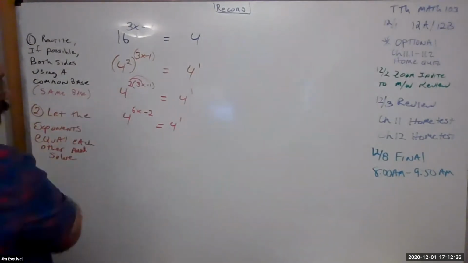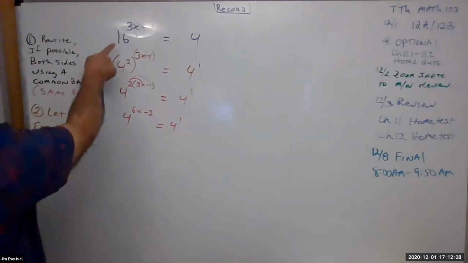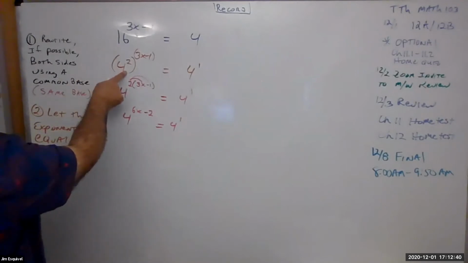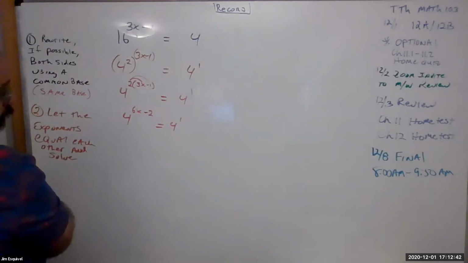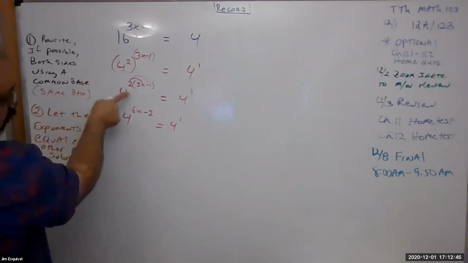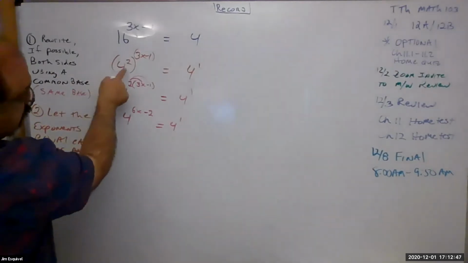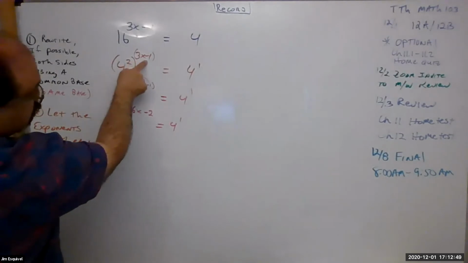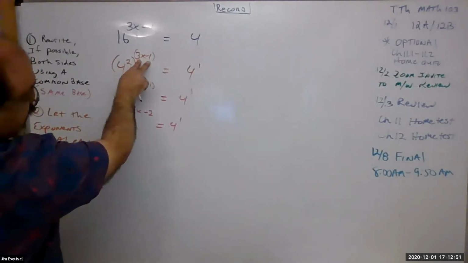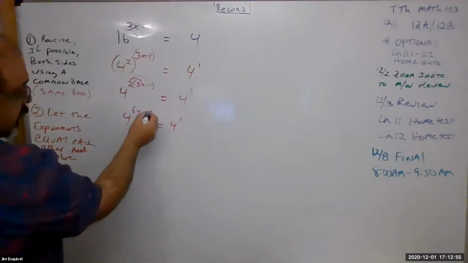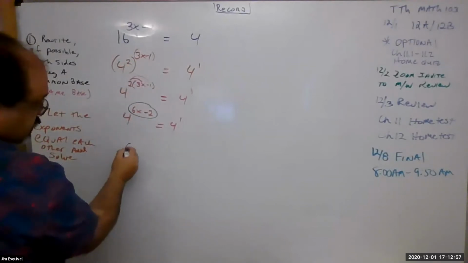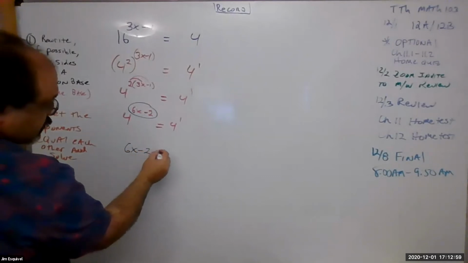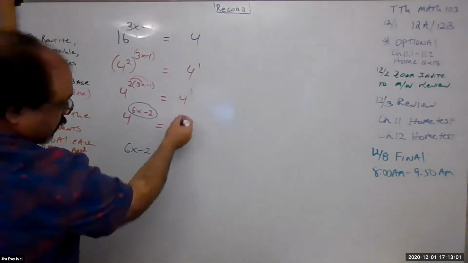Wait, can you repeat how you got the 2? 16 is 4 squared. Oh. So you don't have to show the step. Just remember that power to a power, you're going to multiply. So if there's 2 things right here, you have to distribute 2 to both of them. Now you let that exponent, 6x minus 2, equal that power, which is a 1.